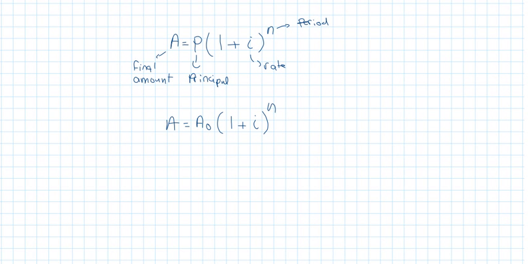Okay. So again, A is your final amount. Okay. A0 is your initial, what you're starting with. i is your rate, so that's your percentage in decimal, and n is the period or the number of years or the number of months or whatever it is.